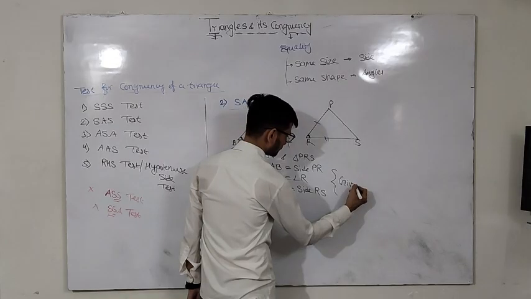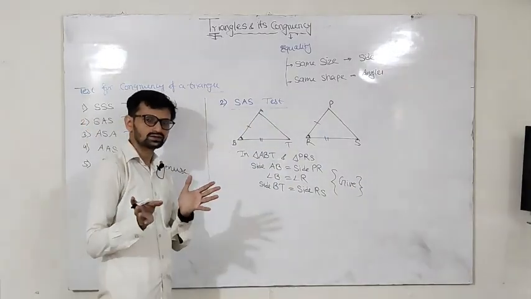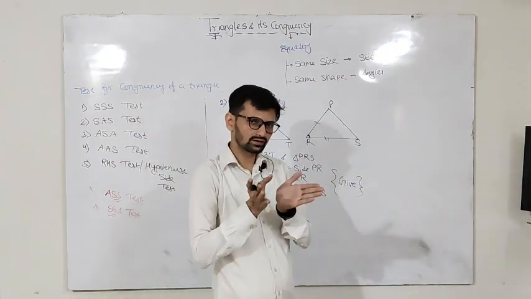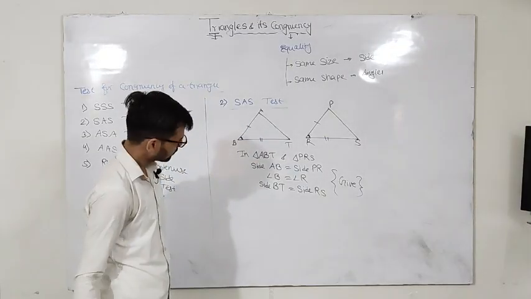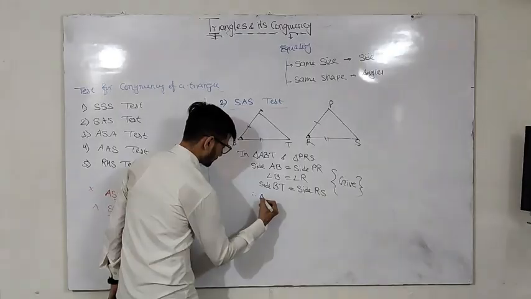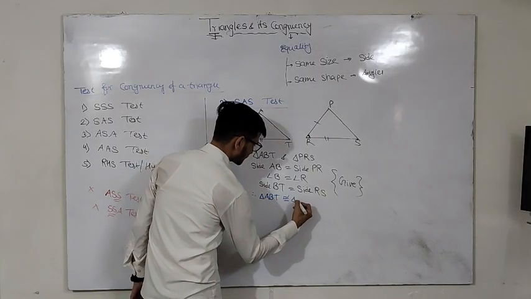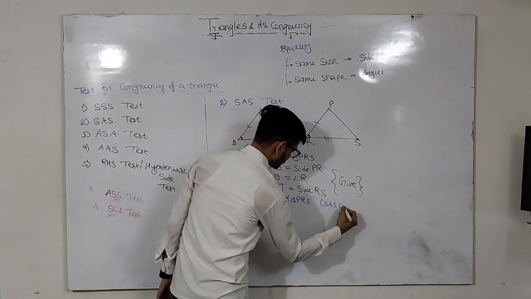These are the givens. Since two sides and the angle between them of the first triangle are congruent to the two sides and angle between them of the second triangle, these two triangles are congruent. Therefore, triangle ABT is congruent to triangle PRS by SAS congruency test.